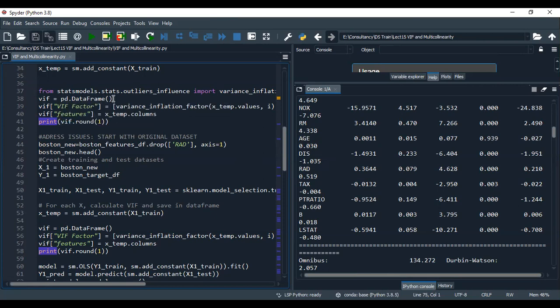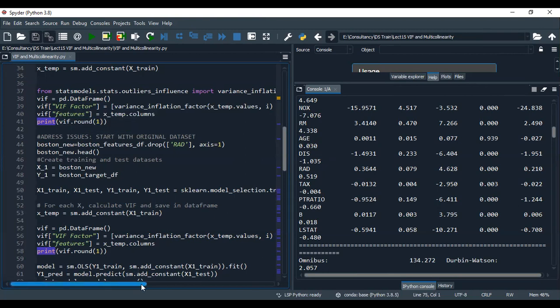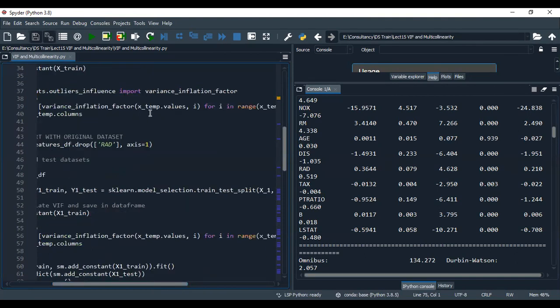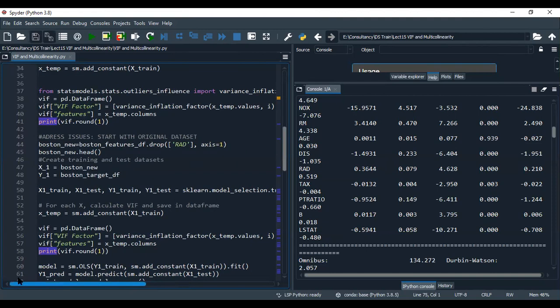So you are creating a null data frame. After that, you are adding the column names, that is the VIF factor and features. What I'm doing, say variance inflation factor, it needs these X temporary values. X_temp is nothing but sm.add_constant of X_temp. I am creating a temporary variable and passing the design matrix to this temporary variable.